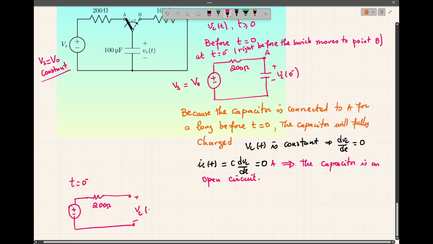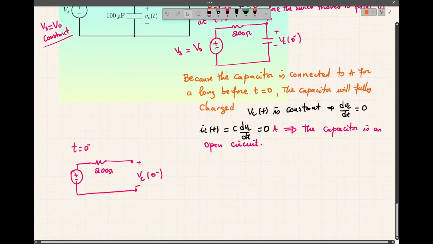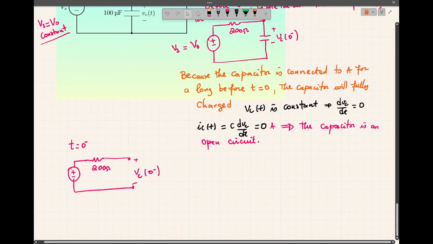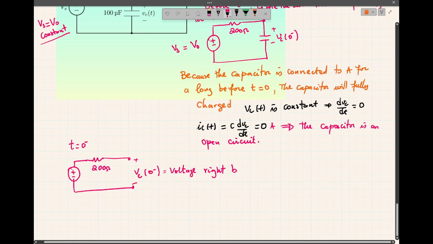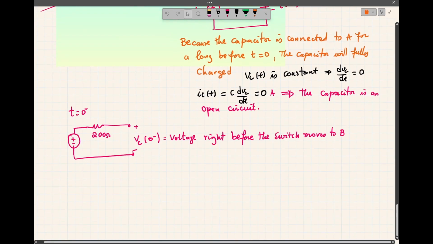And then here we have the voltage Vc of 0 minus, which is the voltage right before the switch moved to B. Okay, so this is V0.